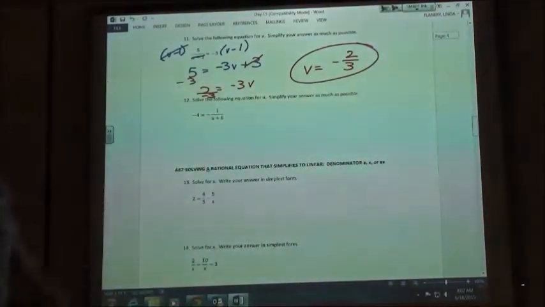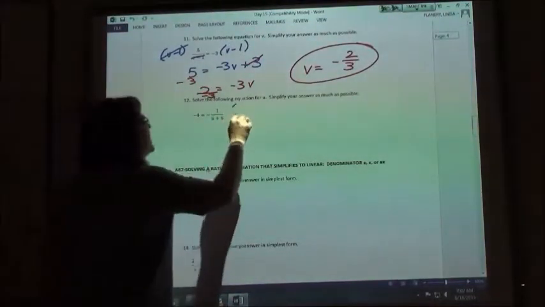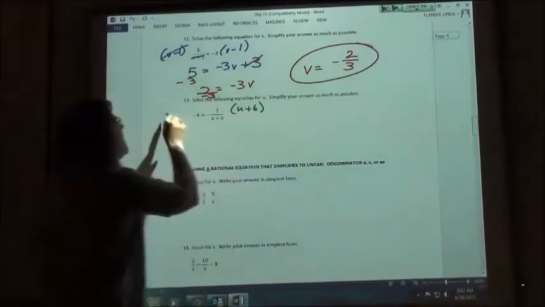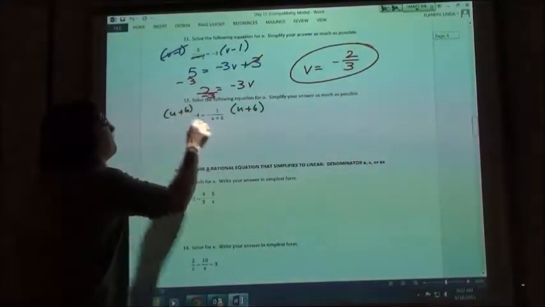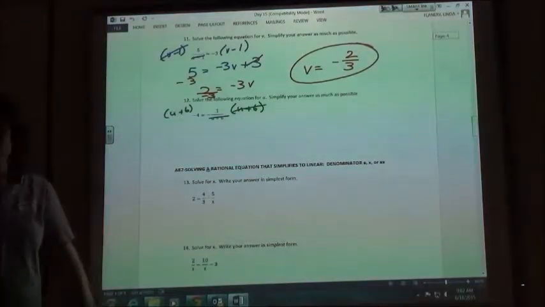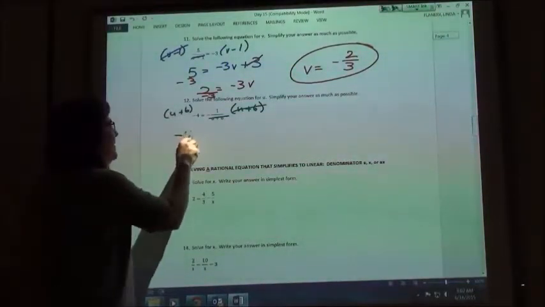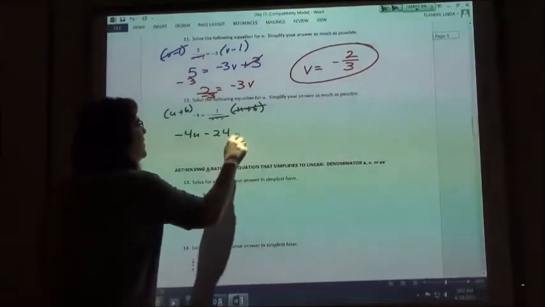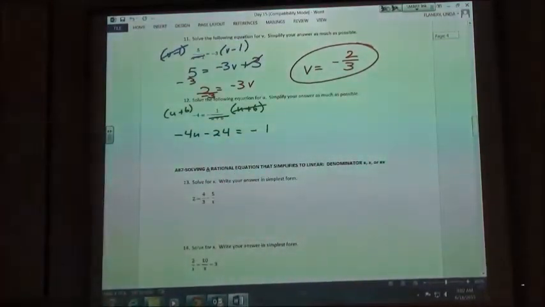So number 12, if I'm going to solve that one, when I multiply by my u plus 6, I'm then going to get negative 4u minus 24 equals negative 1.